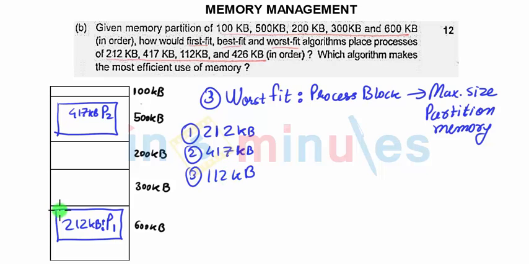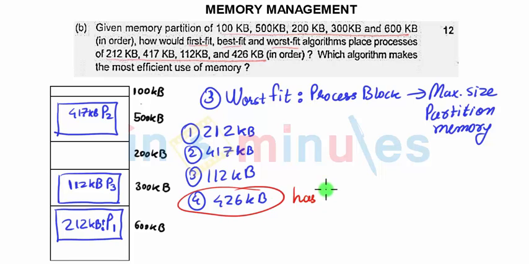As per the rule of worst fit, this would go to 300, which would keep 112 KB as process 3. The fourth one in series is 426 KB, but if we carefully see, it has to wait as there is no space.